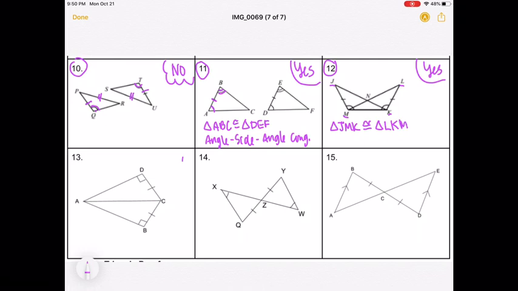So we actually didn't use N at all here, it was just the cross point. All right, and our reason, so we have a side here and here, and we have an angle here, and this may have been a tricky one for you, but this line here is also a common side, so they share that, so I have side, angle, side.